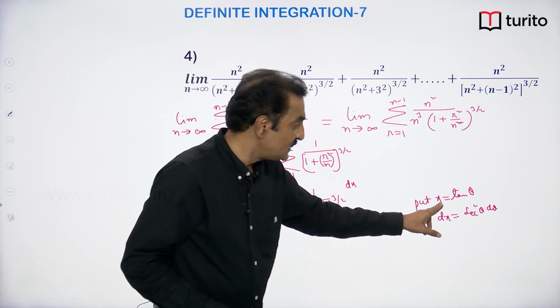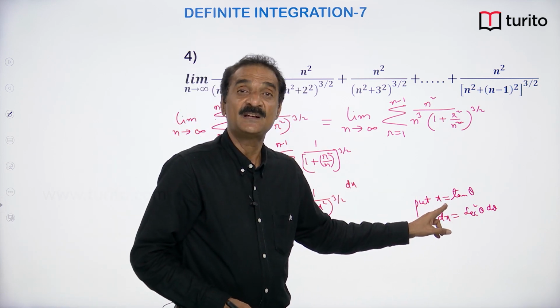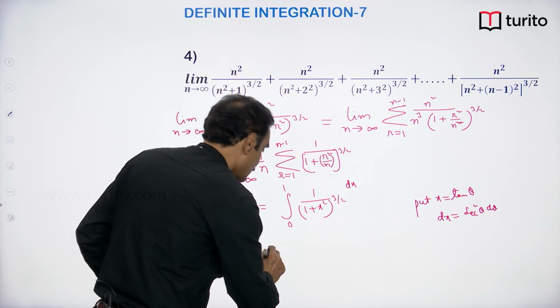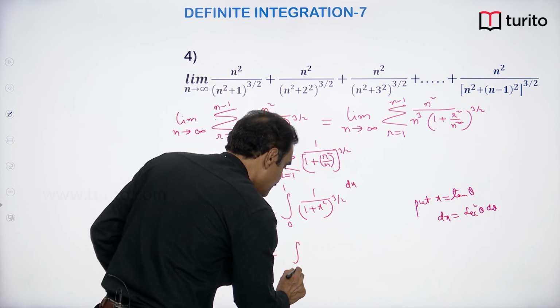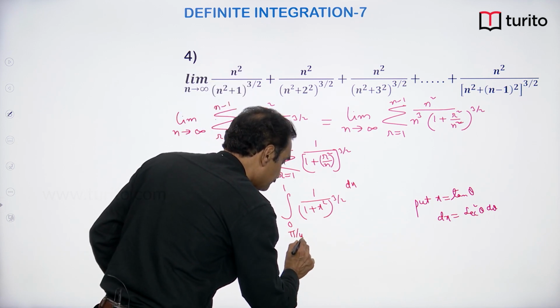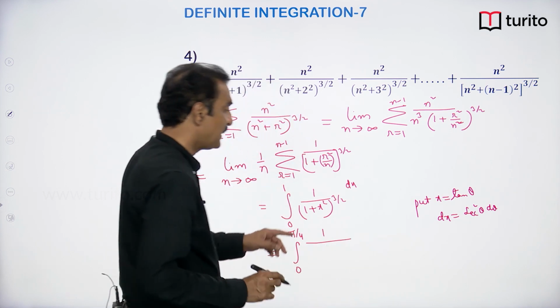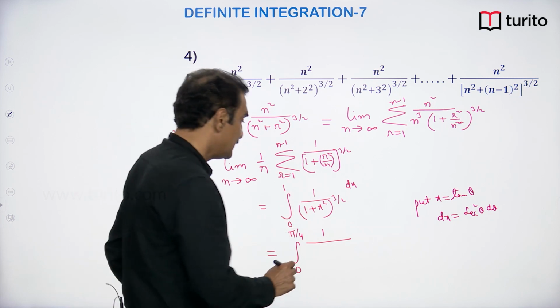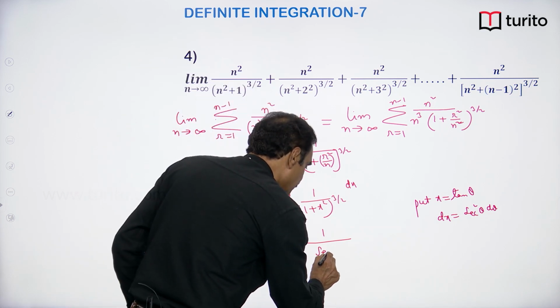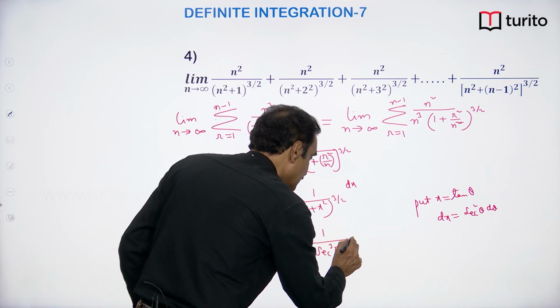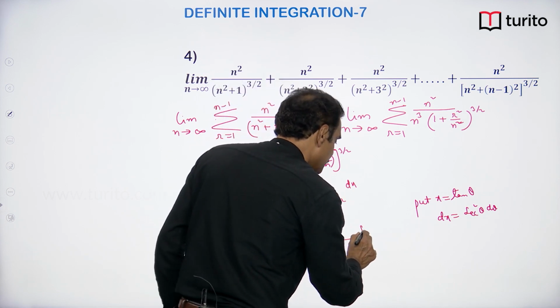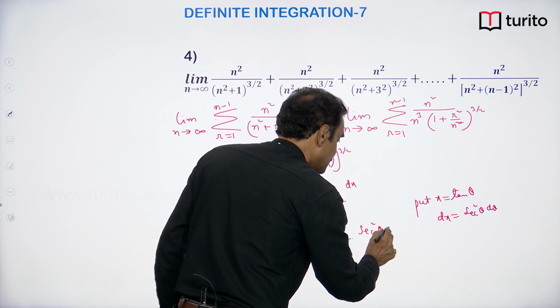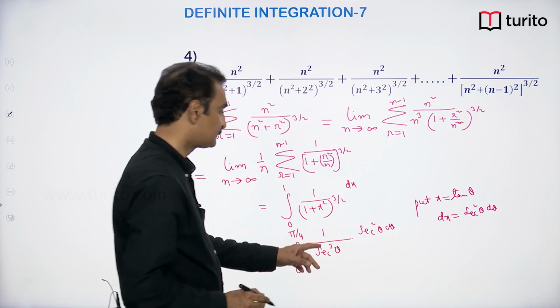If x is 1, tan theta is 1 means theta is pi by 4. So new limits will be 0 to pi by 4, 1 by 1 plus tan square theta whole power 3 by 2 means secant cube theta, into dx is secant square theta.